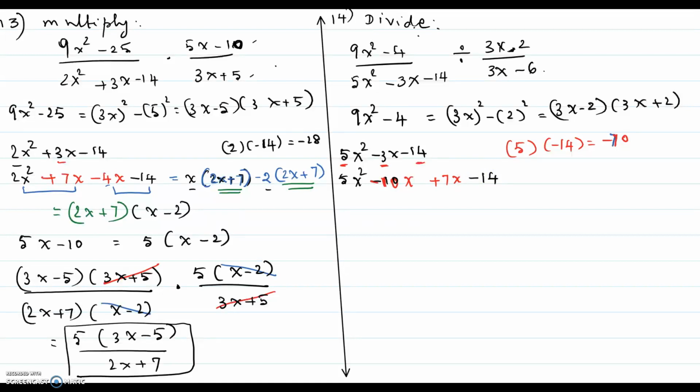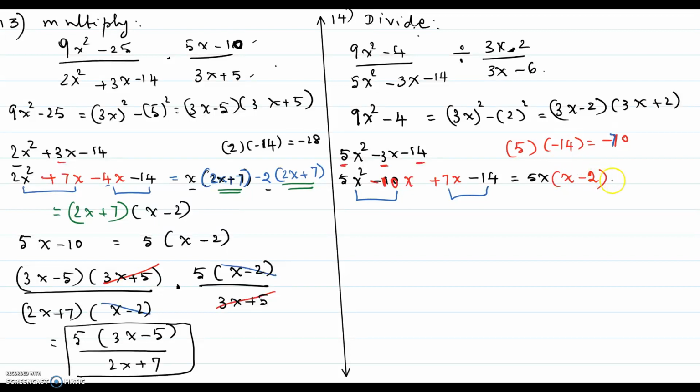Now because it turns out to be 4 terms, you have to apply factor by grouping. So combine the first two and combine the last two. In the first two, 5x is common. Then you write inside the parentheses x − 2.